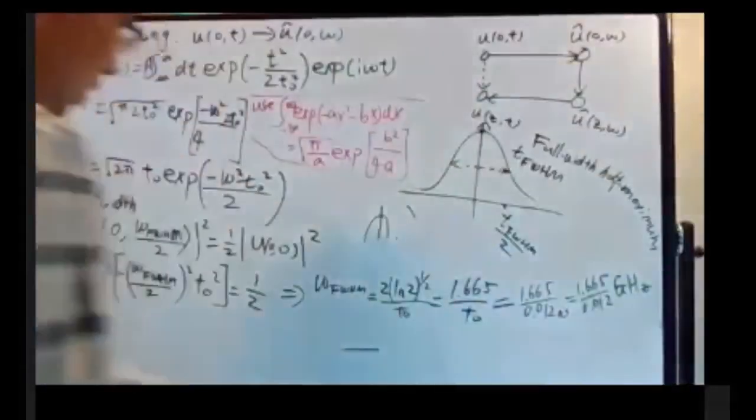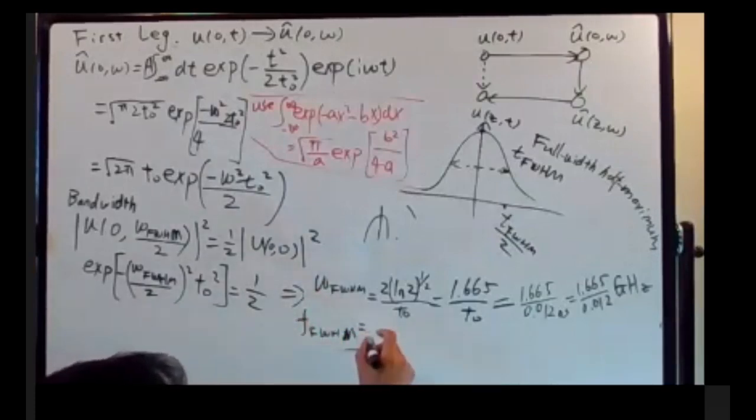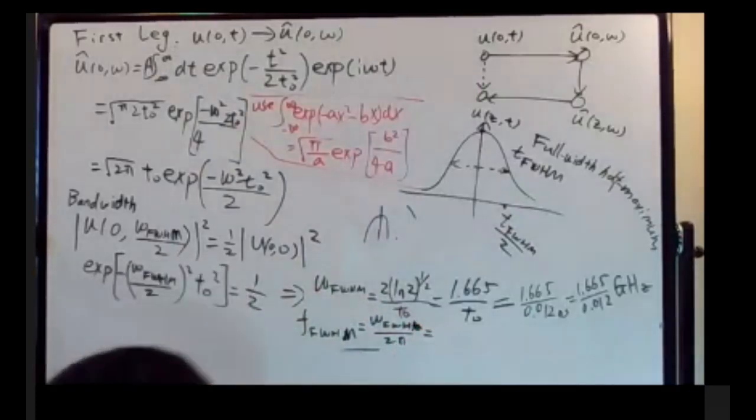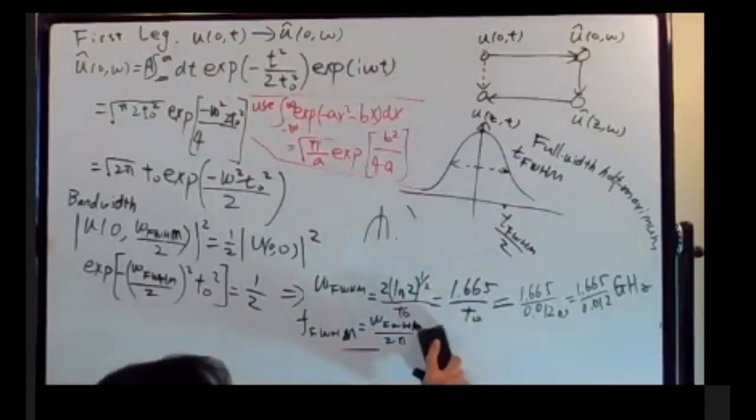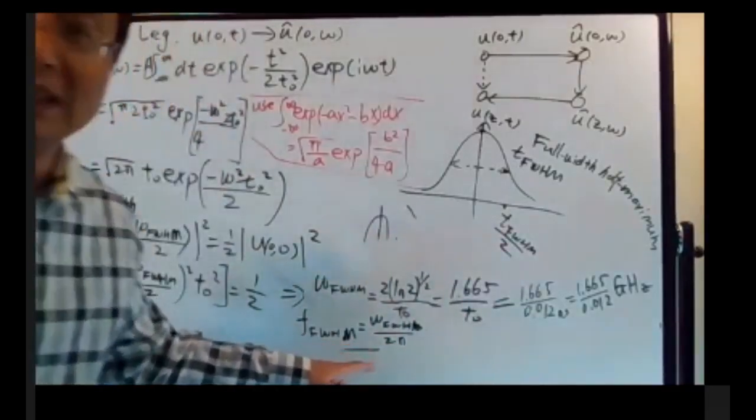Okay, so this is the full-width half maximum. This is omega in angular frequency. How about frequency? It is omega full-width half maximum divided by 2 pi, and you can directly calculate that. I'm not going to write it down because I don't have space.